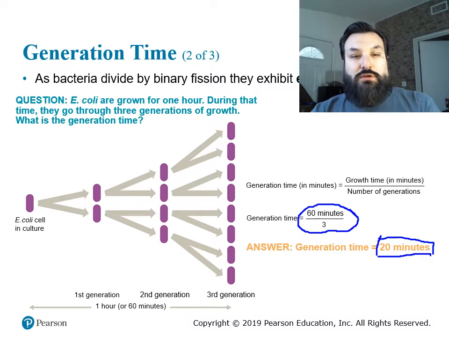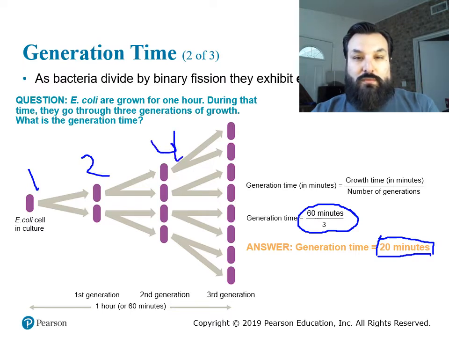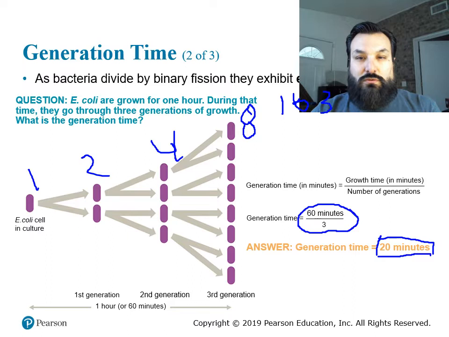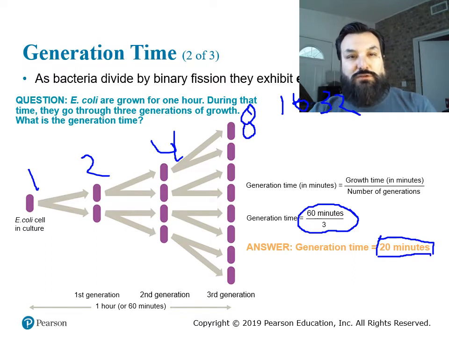Okay, so looking at generation time, you see 1 here, 1 becomes 2, 2 become 4, those 4 become 8, and as I mentioned, if you let that go another 20 minutes, it would become 16, then 32, then 64, and etc., 128, and it keeps going and going.